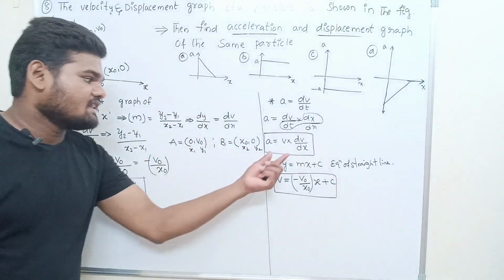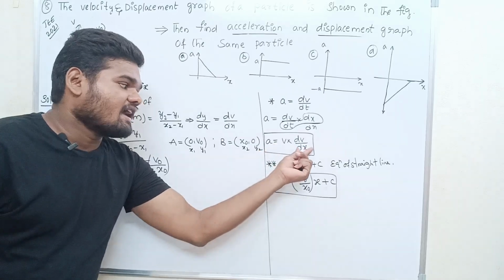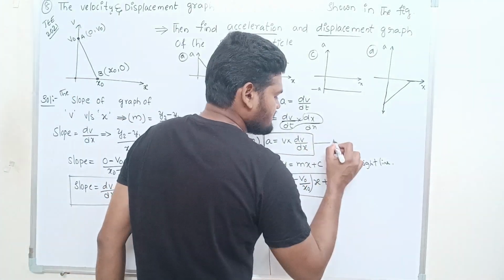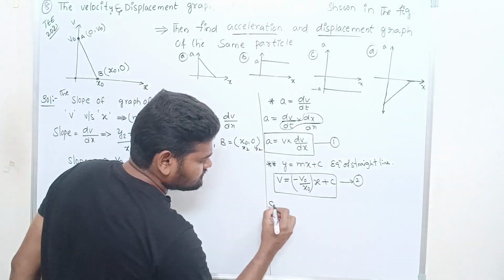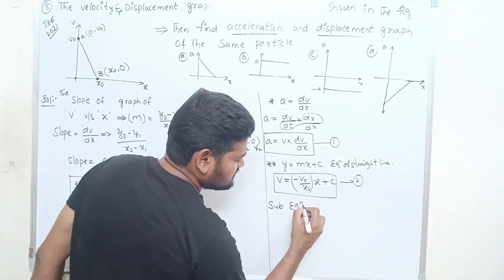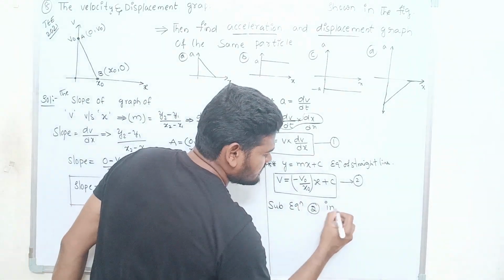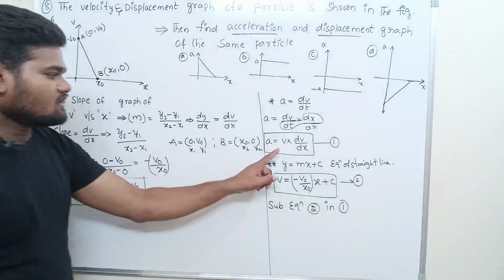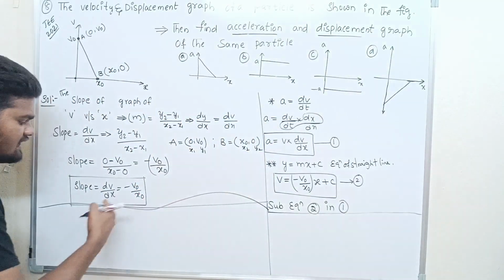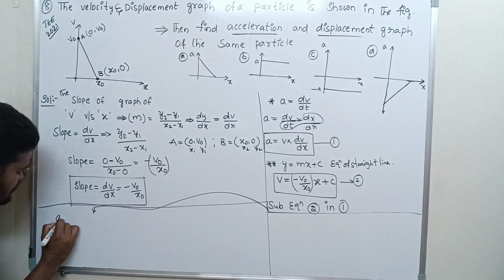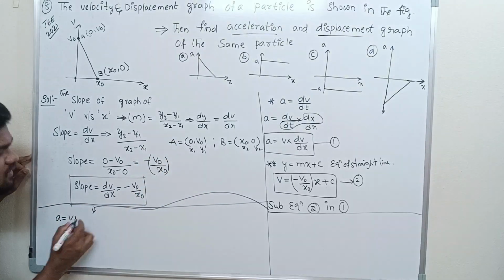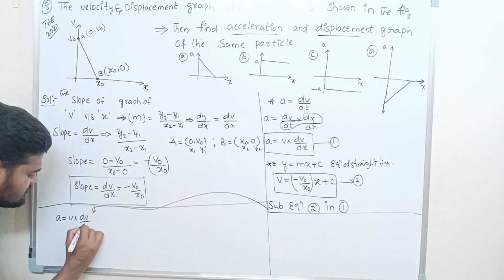What we have to find is the relation between acceleration and displacement. Okay. So say this is equation number 1 and this is equation number 2. Substitute equation 2 in 1. So what is equation 1? Acceleration is equal to velocity into dv by dx.